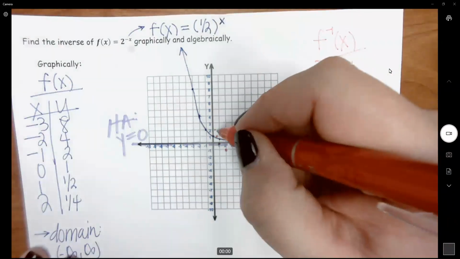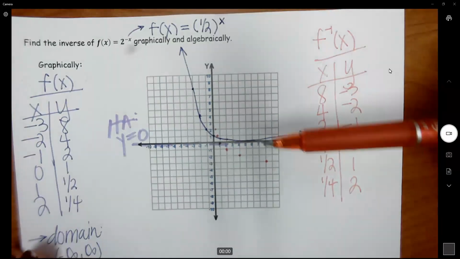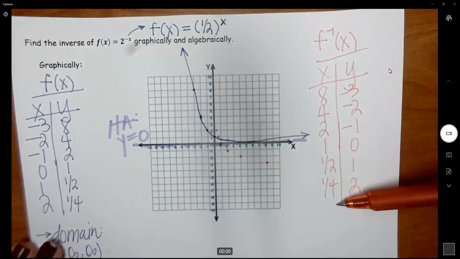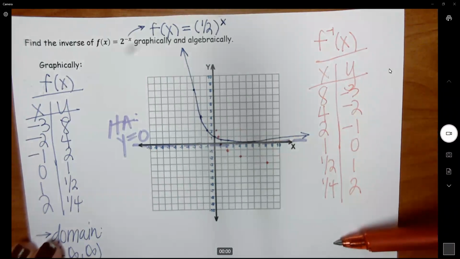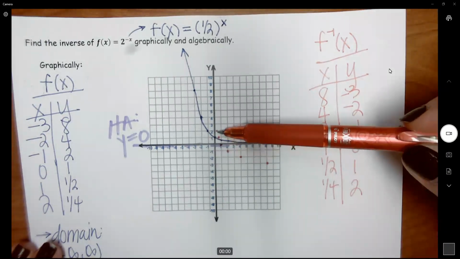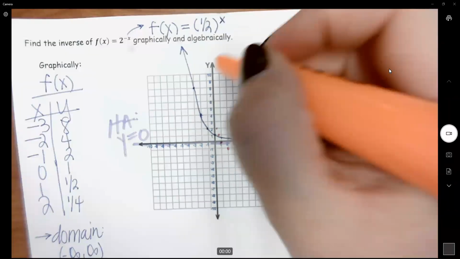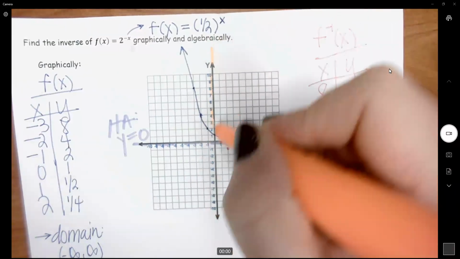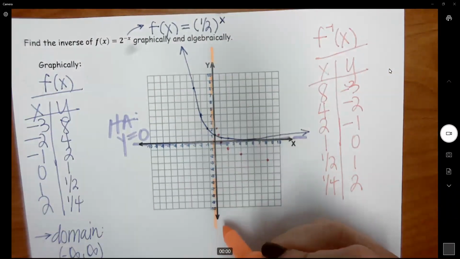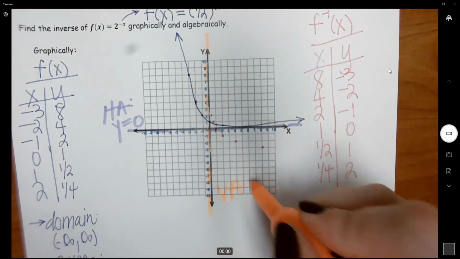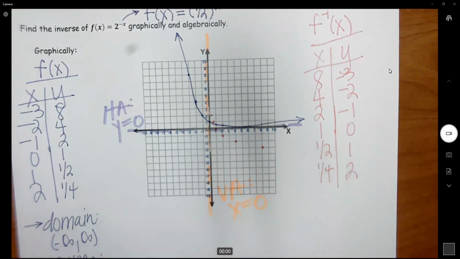Okay, and before I connect these, you can see here that this is going to keep going 1/8, 1/16, 1/32, 1/64. It's going to keep getting closer and closer to 0, but it will never actually get to 0 because we have a vertical asymptote at x equals 0.